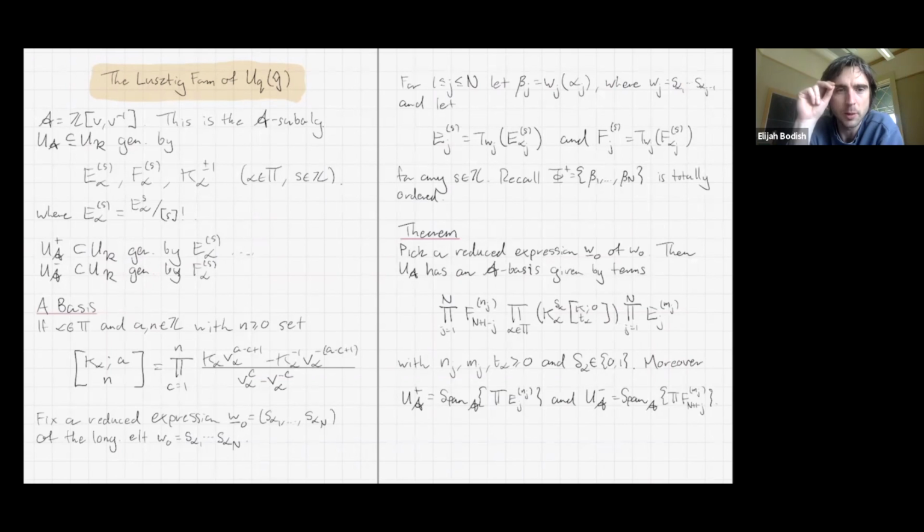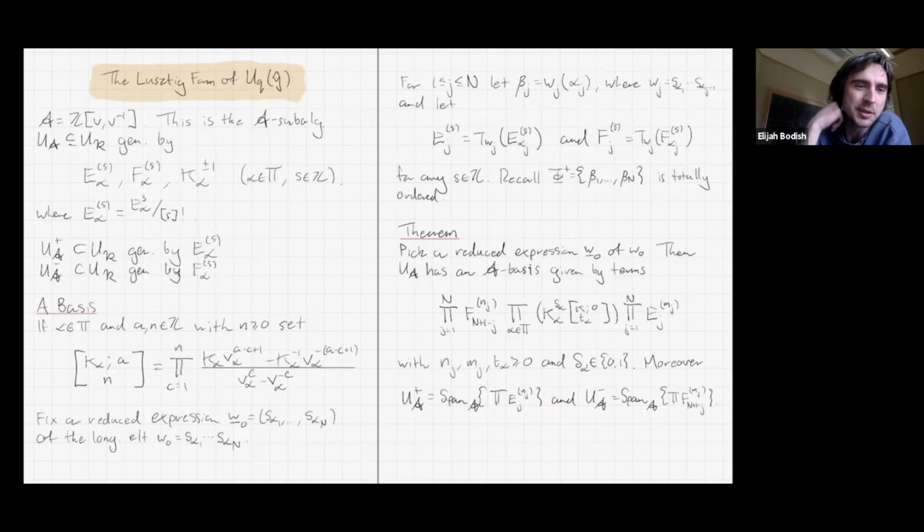Jay, I have a question. So U_A we took as generated by divided powers in E's and F's, and then just the K_alpha plus or minus 1s. So these are just divided powers of E's and this is just divided powers of F's.